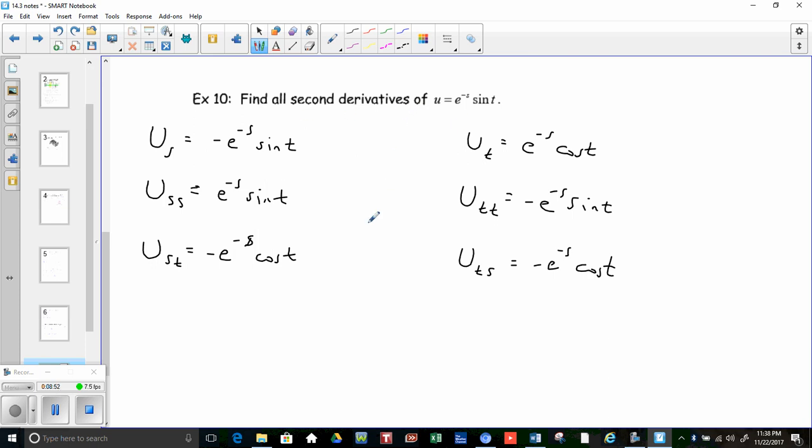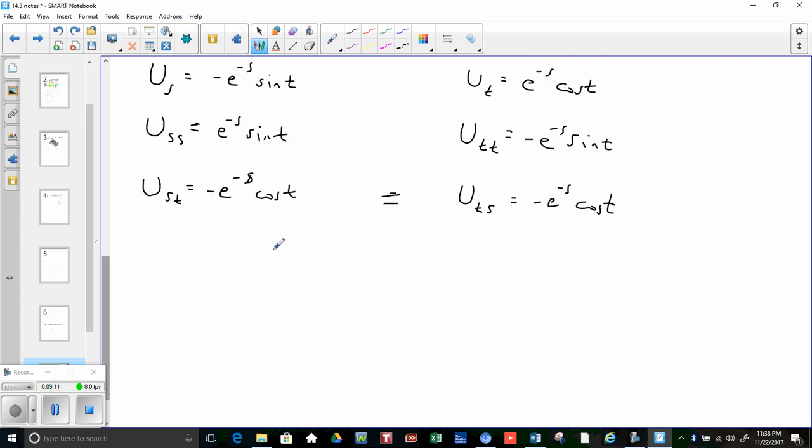One thing I need you guys to notice, if you look carefully, the partial with respect to s and then t, and the partial with respect to t and then s, are exactly the same thing. These are equivalent to each other. And this is actually a theorem which is called Clairaut's theorem.